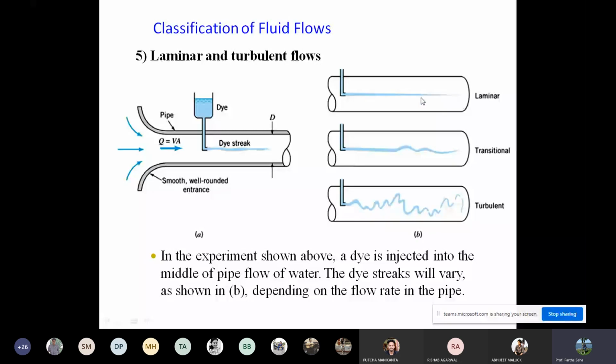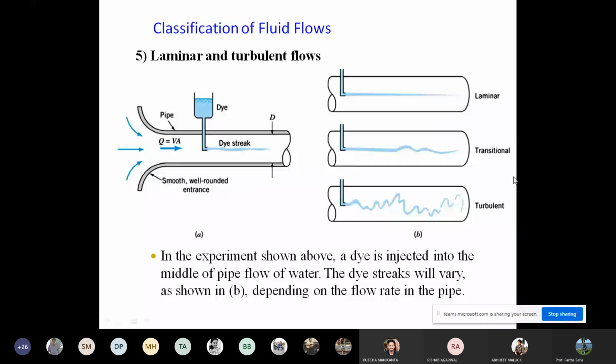There is no turbulence, or no noise across the y-axis. That's why it is known as laminar flow. Whereas in the bottom case, as you can see, there are a lot of undulations. The fluid velocity is not constant across the pipe. This is called turbulent flow. And in between these, there is a transitional region, because up to this point the fluid is laminar, but after that there is a mixing of the fluid. That is called the transition region.